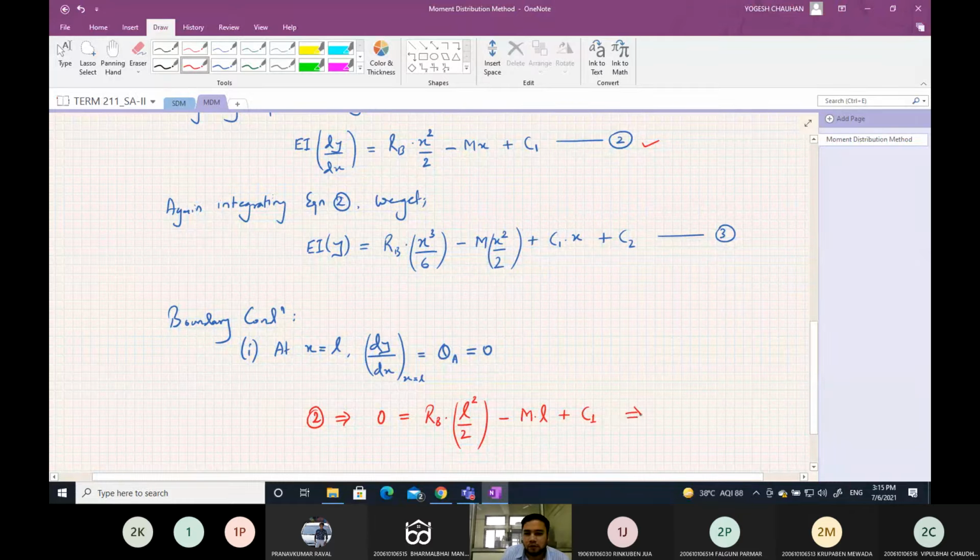So you will get the value of C1 as ML minus RB L square by 2.